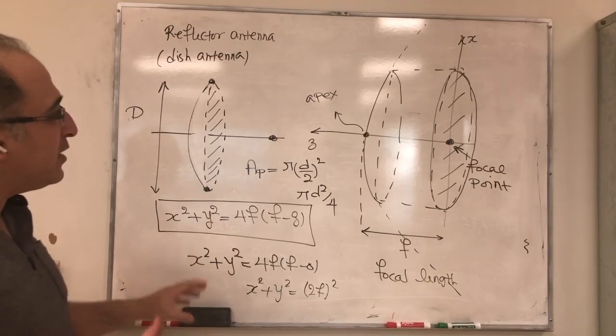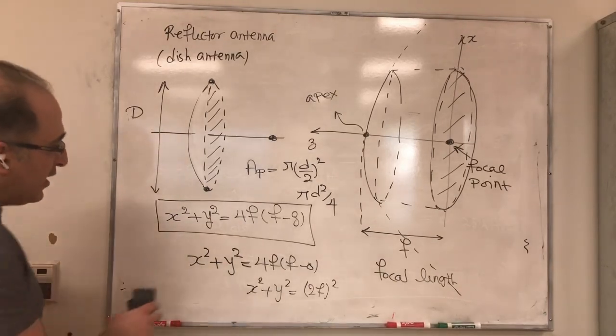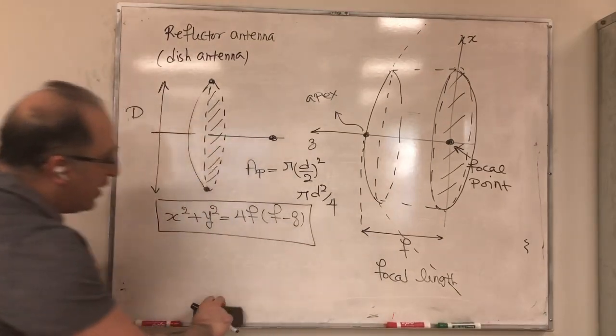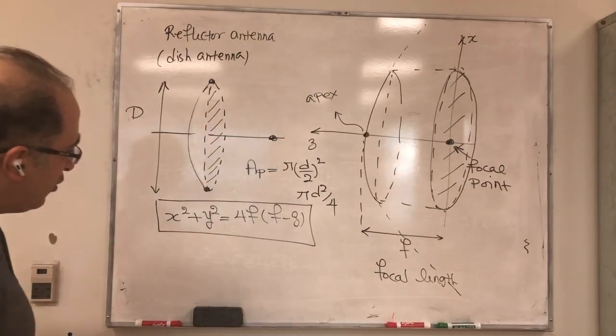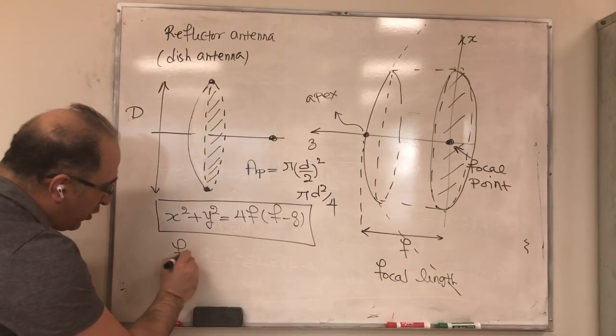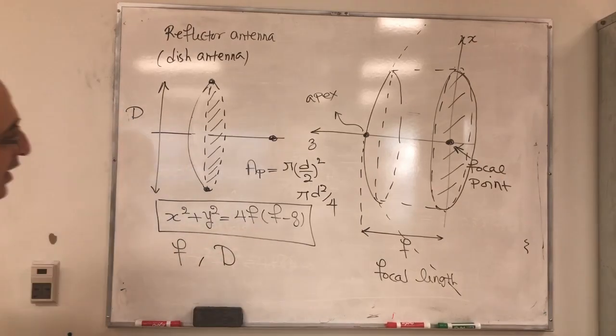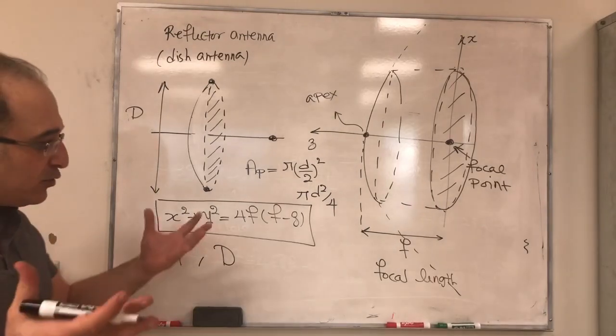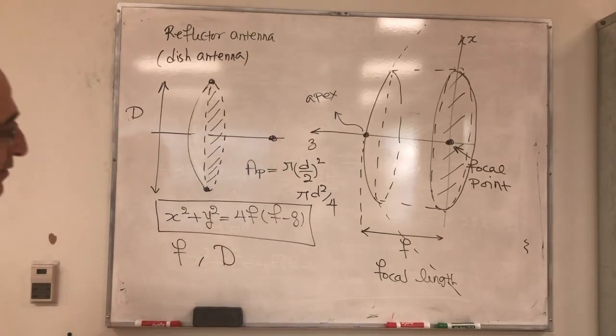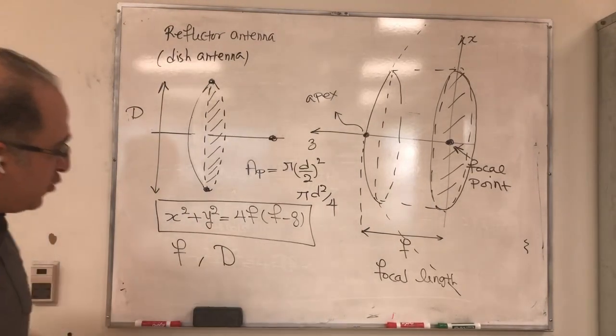So far, let's see what we learned. We learned that this is the equation of the paraboloid, and to determine our paraboloid, we need f because of the equation. Then we need the diameter D because we want to know how to fabricate, what would be the extent of this paraboloid. So we need these two parameters.